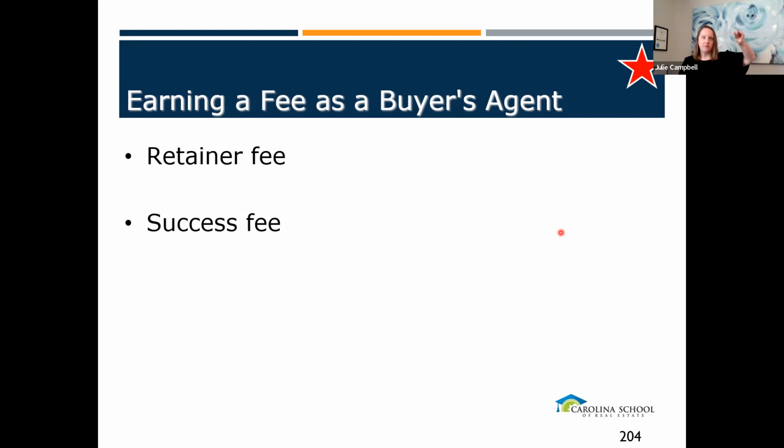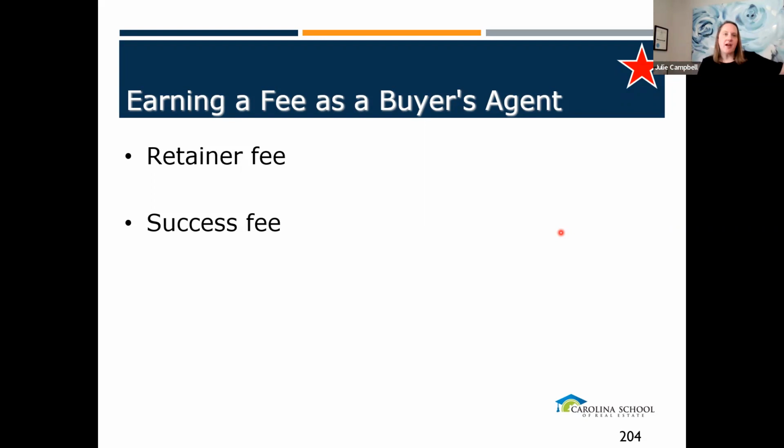Everybody with me so far? Two parties to the transaction. Our listing agreement says if the seller hires a firm, they pay the listing firm. The listing firm shares their commission with whomever brings the buyer.